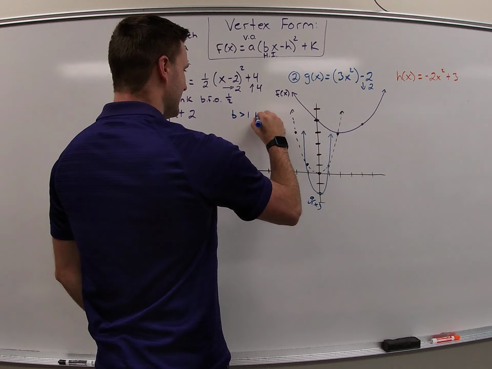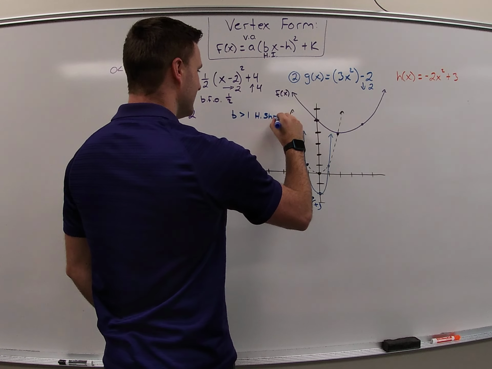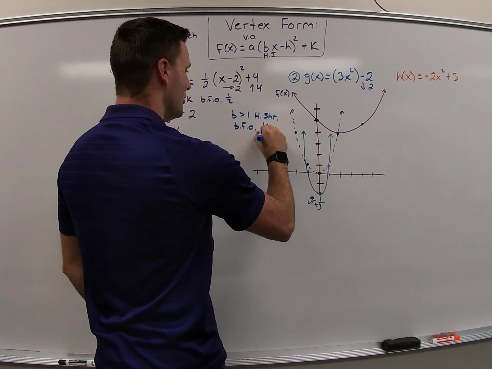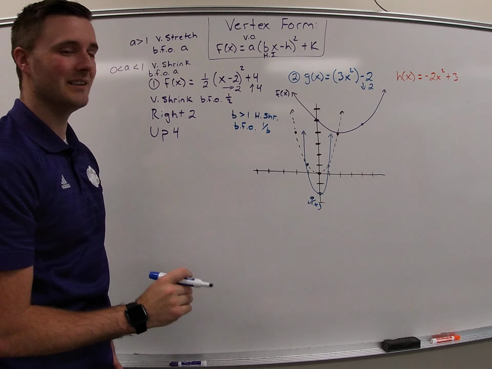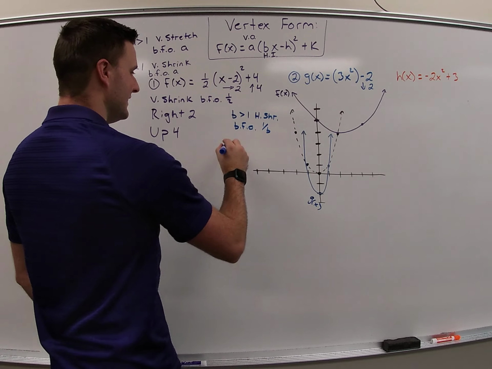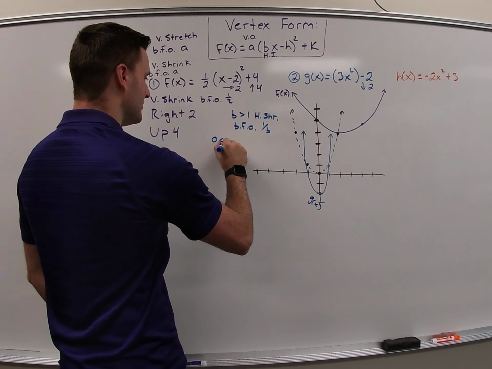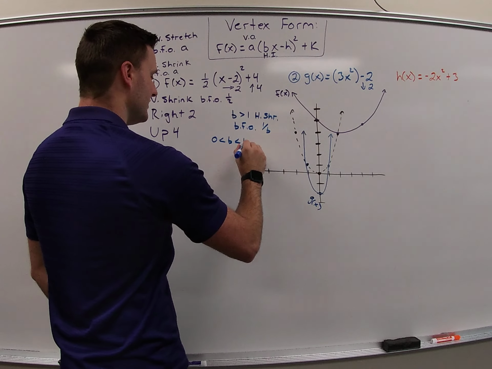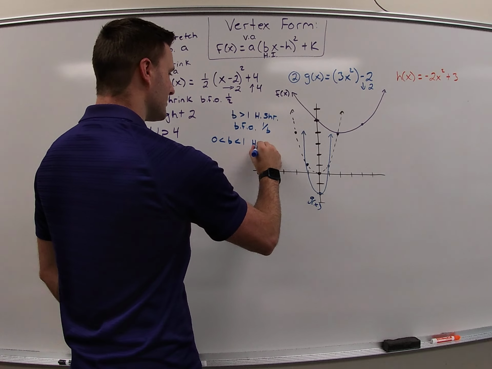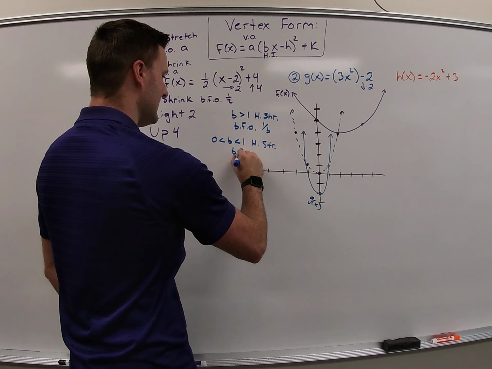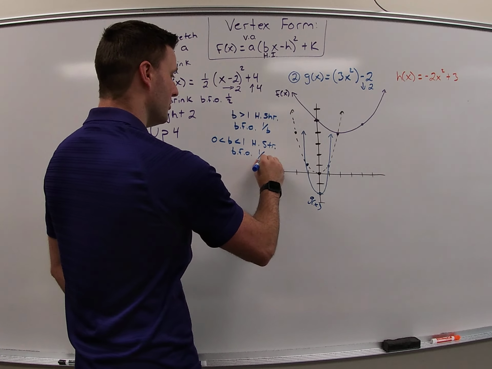So this is a horizontal shrink, and we would say by a factor of 1 over b. So you take the reciprocal of that. Also, it's opposite here. When b is in between 0 and 1, so when b is a fraction, we have what's called a horizontal stretch. And then we still say by a factor of 1 over b.